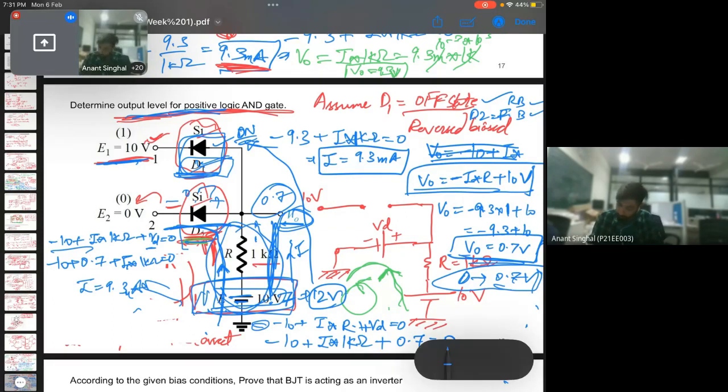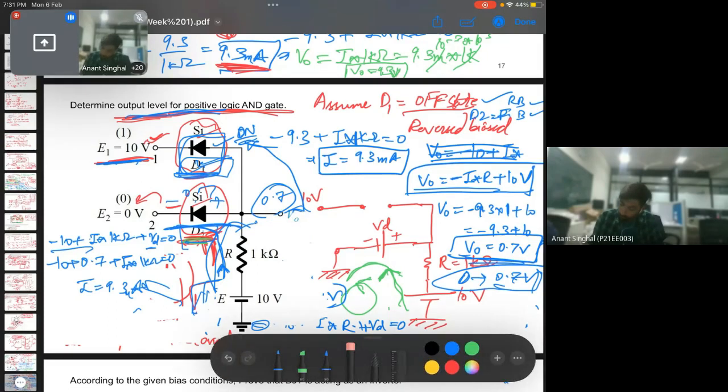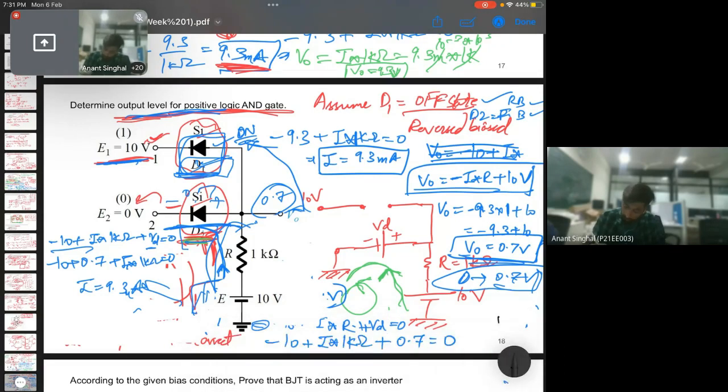Let me try. So V naught is nothing but the drop across this resistance and this plus 10 volt. So V naught will be something plus 10 volt.